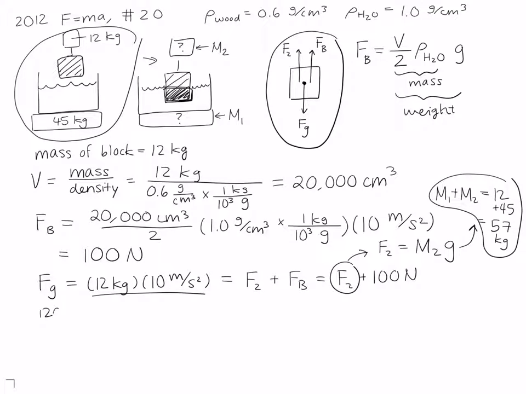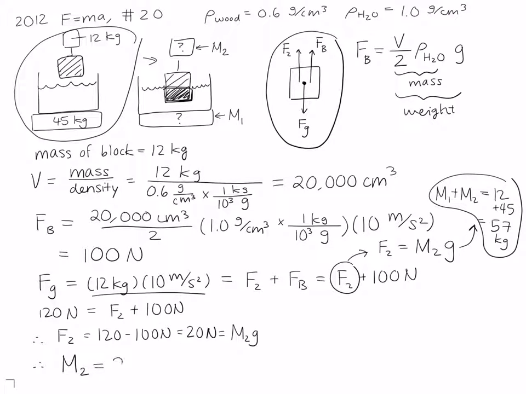When we multiply 12 times 10, we get 120 newtons equal to F2 plus 100 newtons. Thus F2 is 120 minus 100 newtons, which is 20 newtons. This is equal to M2 times g, and g is 10, so when we divide by 10 on both sides, M2 is equal to 2 kilograms.